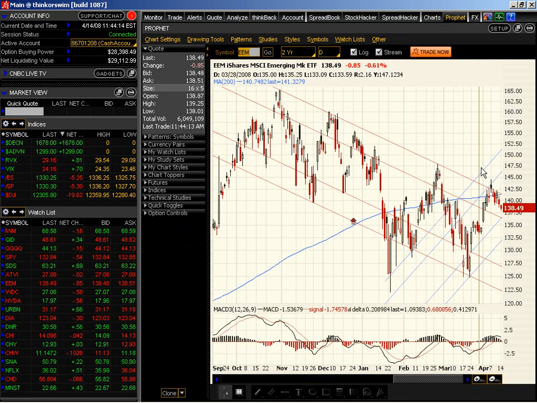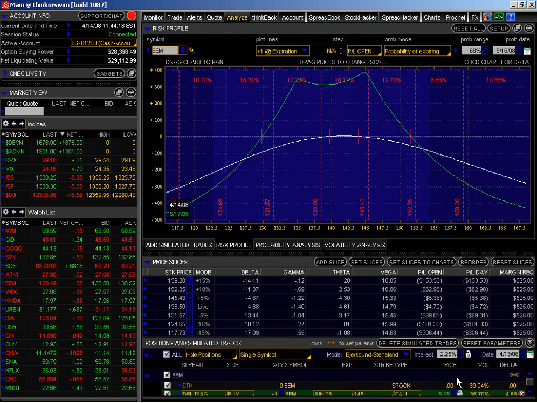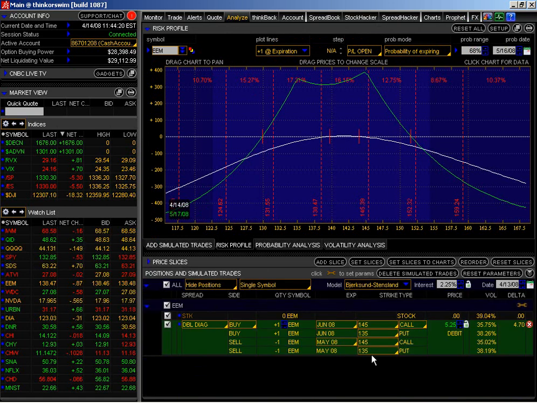So if you were slightly bullish on this, you might want to play with those numbers a little bit, and bring those puts up closer to the strike price, and move those calls out a little bit, which they are at 145. That gives us a higher break even on the upside.